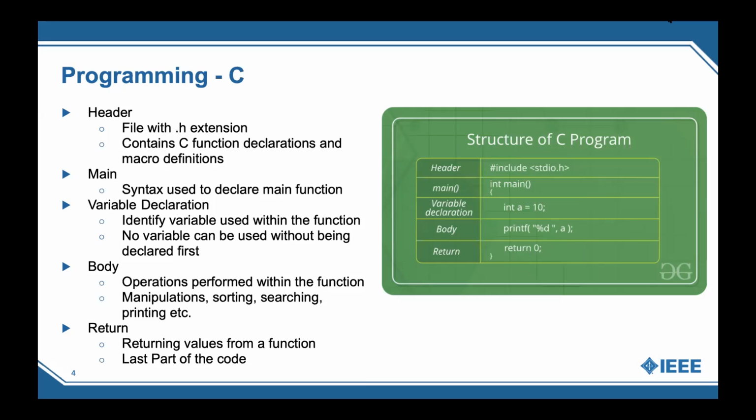And then also inside main, you have the body, which, like I said, contains all the functions and procedures that you have. When your code is running, the program compiles your code, and you can use printf with parentheses, and then inside the quotations, you put what you want to show up on the screen, and then comma A. So what's happening here is you're declaring A inside printf, so it's going to print out the value of A, and you use %d in this case because it's an integer.